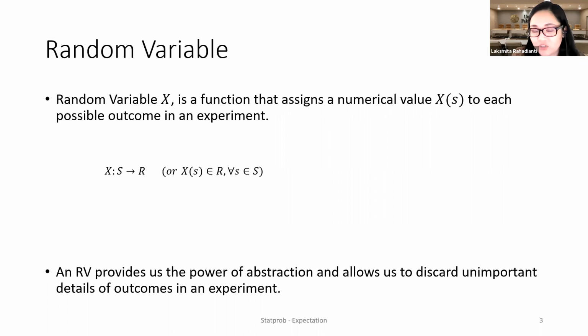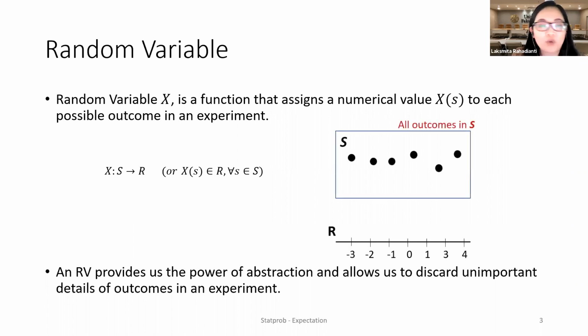in which instead of describing every single possible outcome that could happen from our experiment, so here is our S, aka all of the possible outcomes of our experiment, instead of describing them one by one, for example, the tuples of 2 dice, imagine if we had 5 dice, then the 5 tuples of the 5 dice.